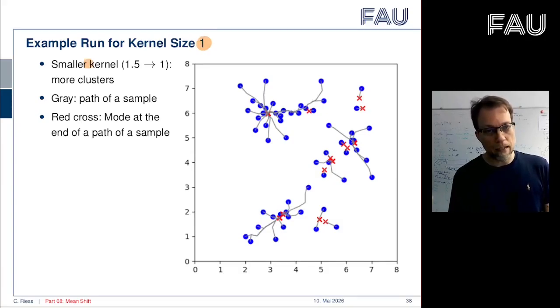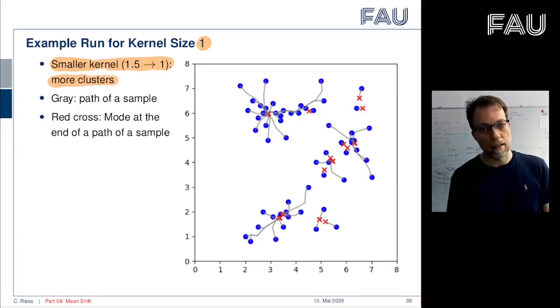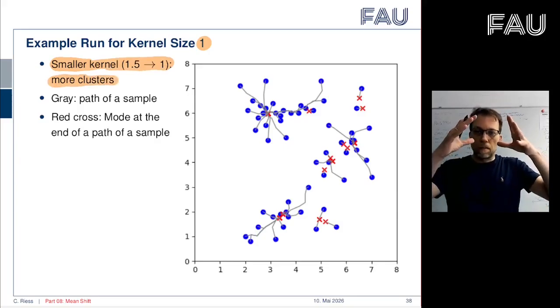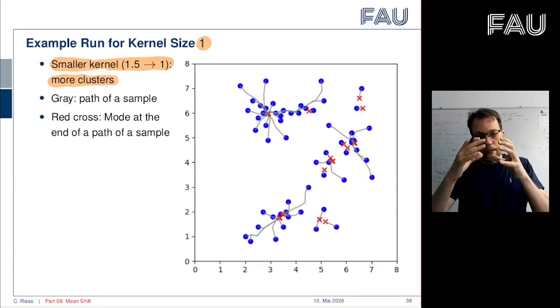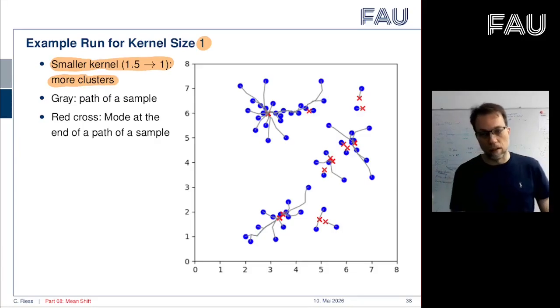And what we're seeing here is that a smaller kernel leads to more clusters by tendency, because we have a smaller area of influence, so we more easily settle to local modes of that density. And very specifically, let's check through it. Here most of the points in that upper cluster still meet in this one location. One went a bit stray.